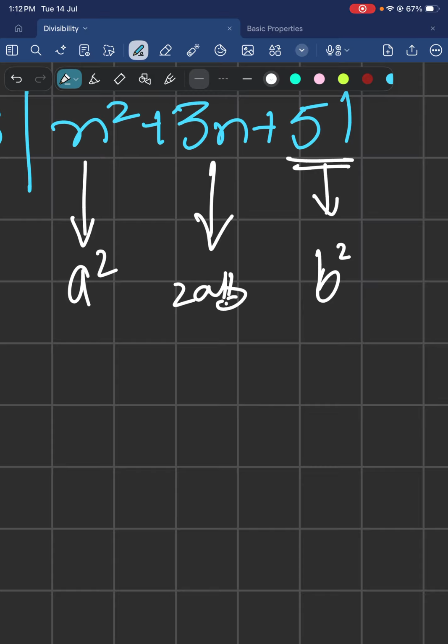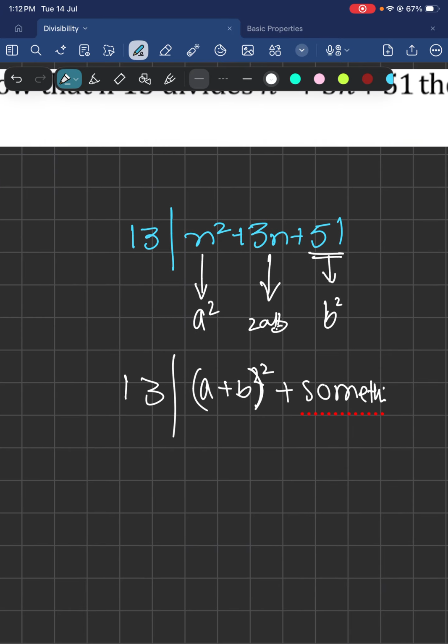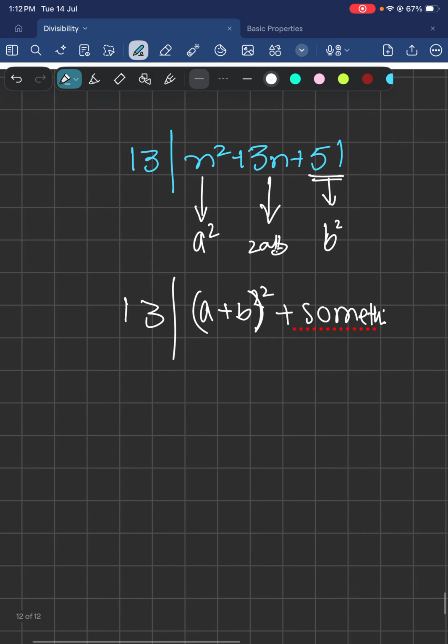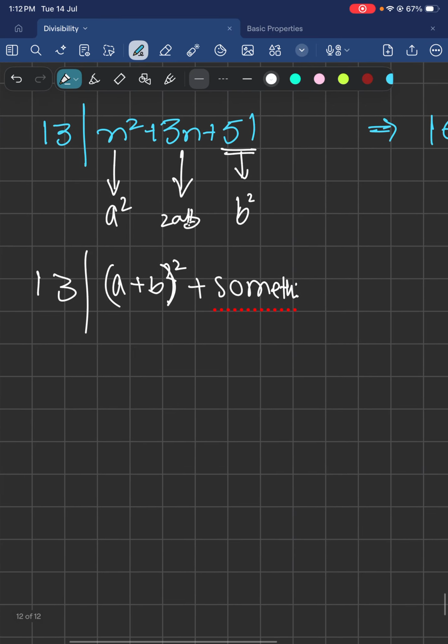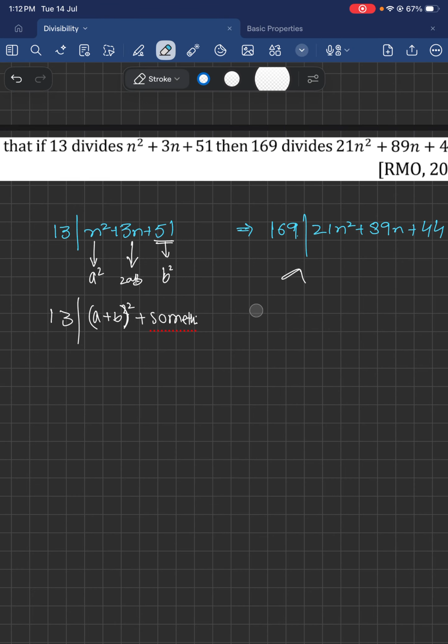So we can get a plus b whole square, and we will be left with something plus something. So 13 would divide a plus b whole square plus something, but it doesn't actually give us anything. Yeah, so it divides this, then what? We have to do something to get to this solution.